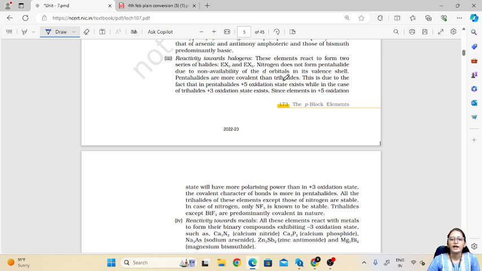Nitrogen does not form pentahalides. What is the reason? Since it does not have any d orbitals, it will not form pentahalides. It can have only up to p orbitals. So that's why it cannot form the pentahalide. And pentahalides are more covalent than trihalides.